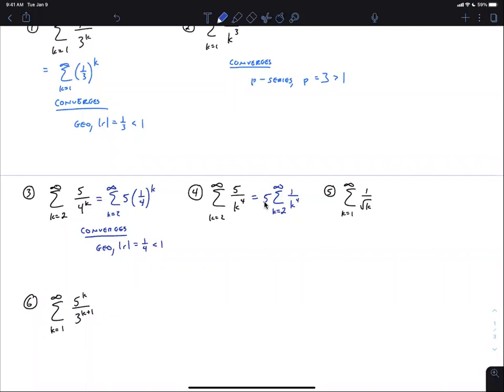And so 5 times it would also go to a finite number. If this diverges, then maybe it goes to infinity. Well, 5 times that would still go to infinity. If it goes to negative infinity, it still goes to negative infinity. And if it bounces between two values, then it's going to bounce between two values 5 times that. And so if this converges 5 times, it still converges. If this diverges 5 times, it still diverges.